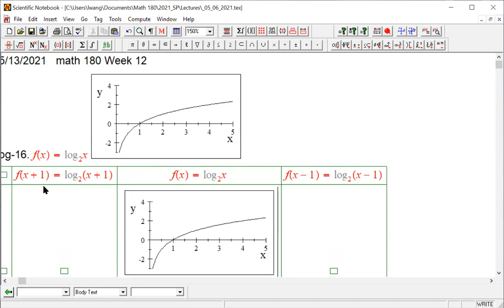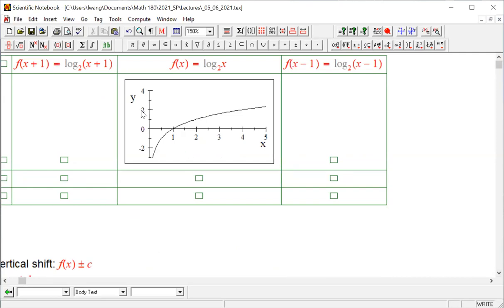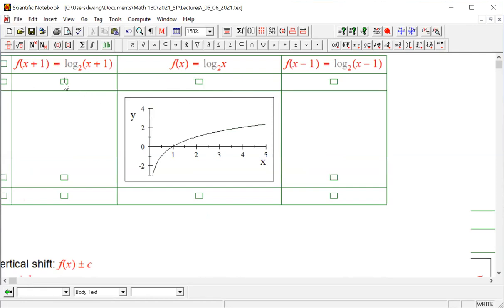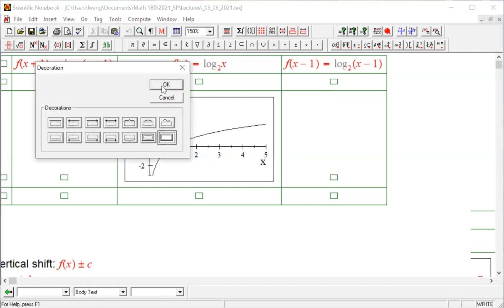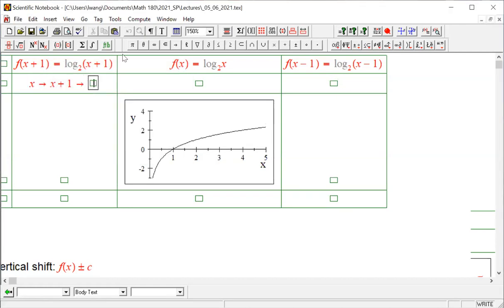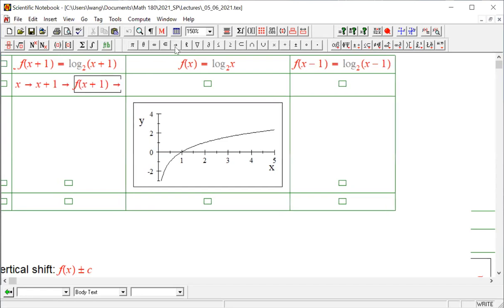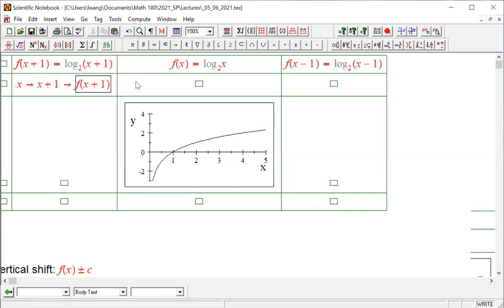And from the way we determine our domain, let's see, what is a domain? The function goes like this: if x is the input, we will first do the x plus 1, and then the function works on x plus 1 and produces the output.